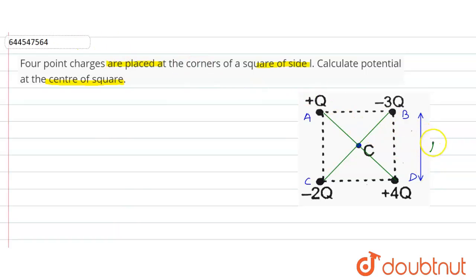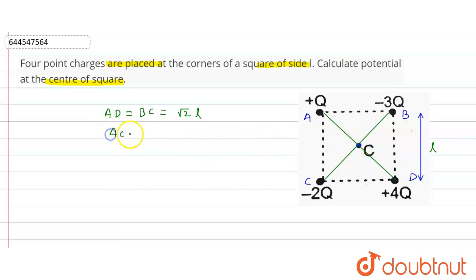Okay, so what will this diagonal length be? This AD and BC value will be how much? The diagonal is root 2 into L. So this length AC will be how much?